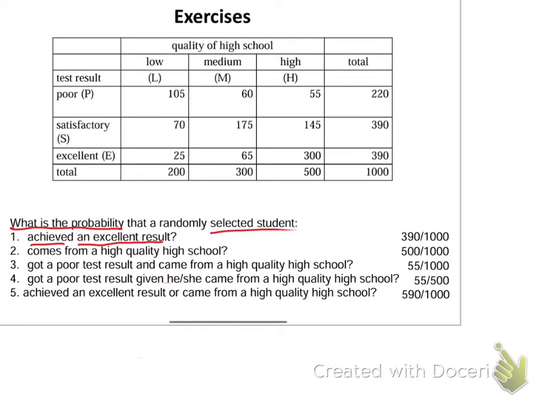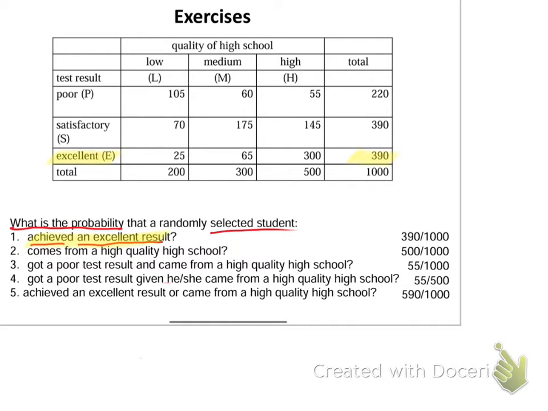Coming back to our question, the student achieved an excellent result. Because he did not specify whether the student came from low, medium or high quality school, he said in general achieved excellent result. How many students overall achieved excellent result? 390 in total, out of how many students?